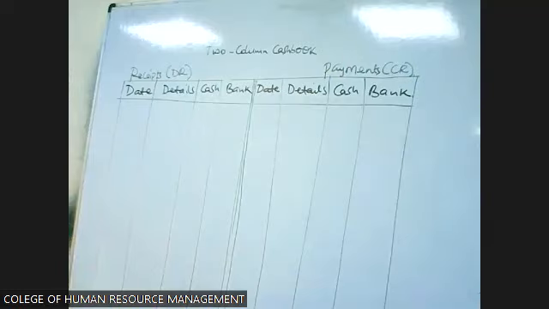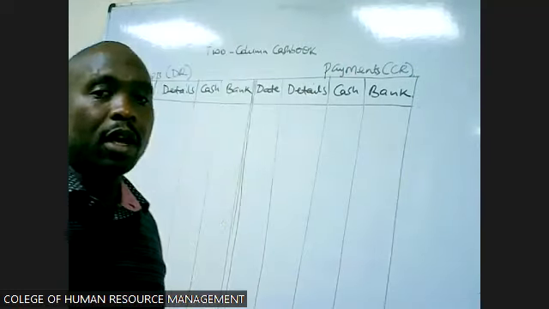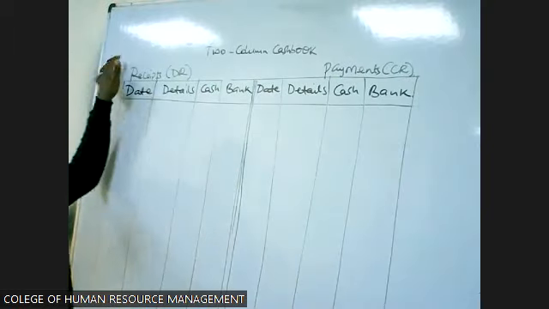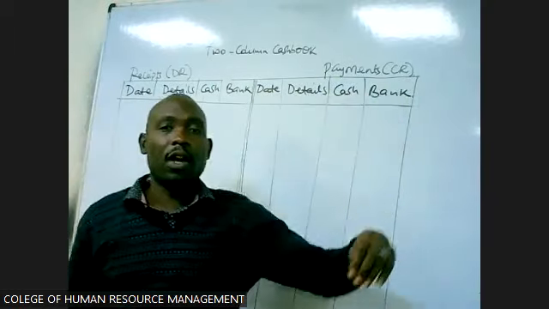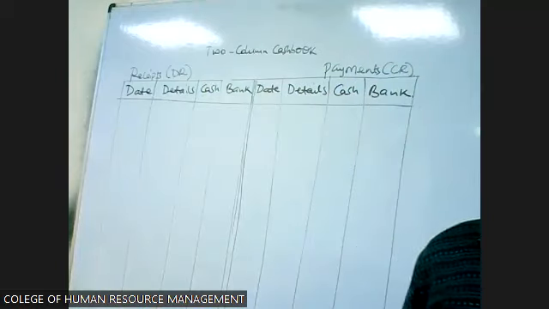So it has got 2 sides. We have the debit side, whereby we record any cash received. Then we have the credit side, which is the payment side, whereby we shall record any cash paid.